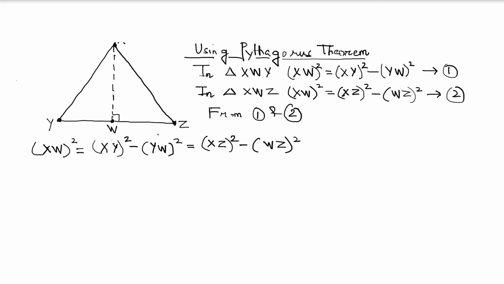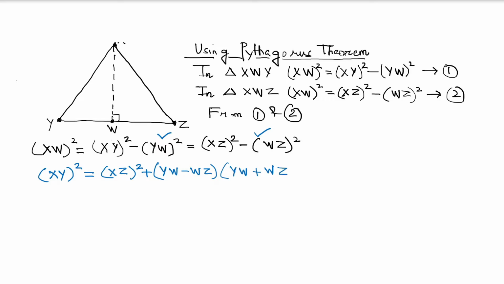So using these two, we could have directly written that xy whole square, is nothing but xz whole square plus yw square minus wz whole square, which eventually you can write as yw minus wz into yw plus wz.